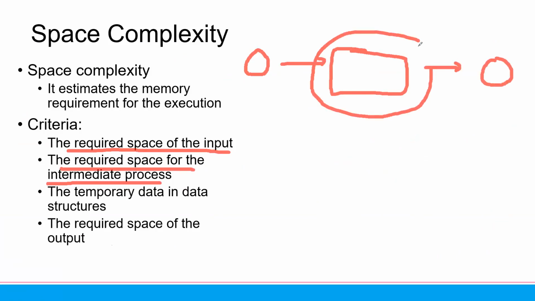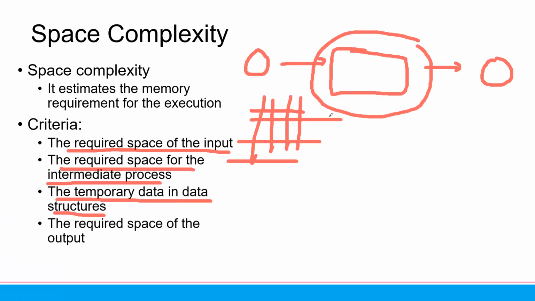So how much data do you need to save in this intermediate process? And then how many temporary data in the data structures? If you create any kind of matrix, it means you need some storage. And the required space of the output. So how big is the space for the output? We call this the space complexity.